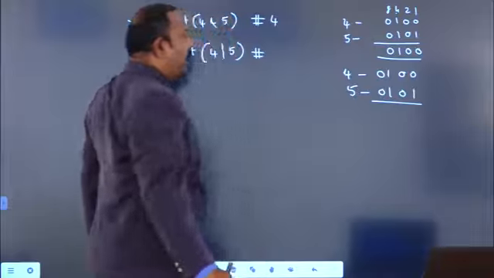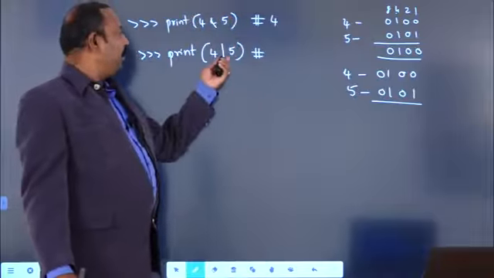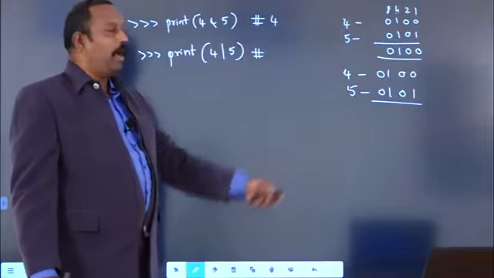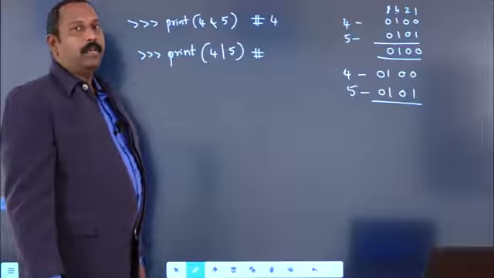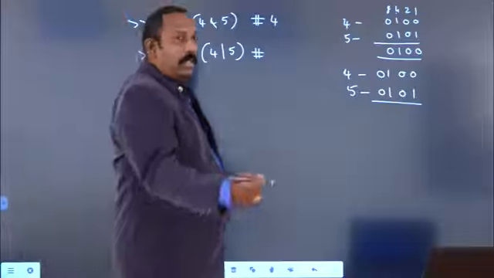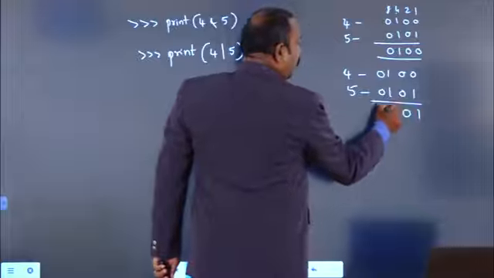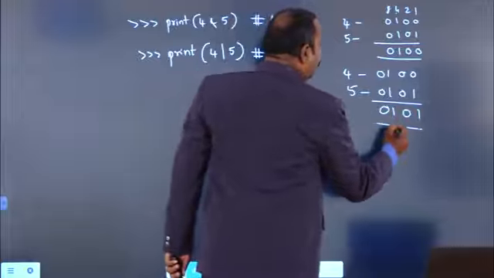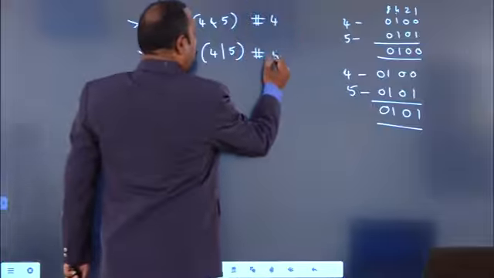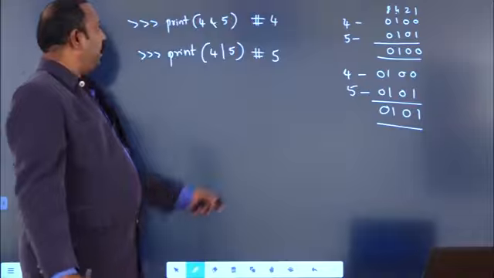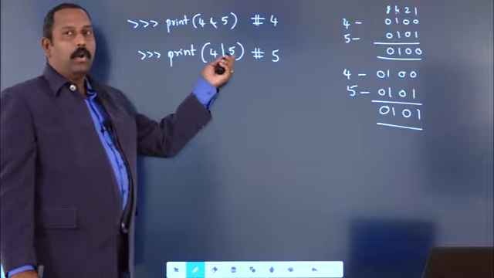What is the logic for bitwise OR? If any of the bits is 1, then you will get the output 1, otherwise you will get 0. So what is the output here? 0 1 0 1, which is nothing but 5. So you will get the output 5. So this is the bitwise AND and bitwise OR operator.